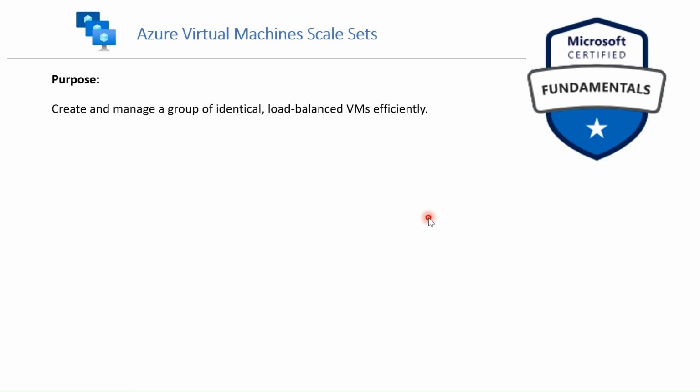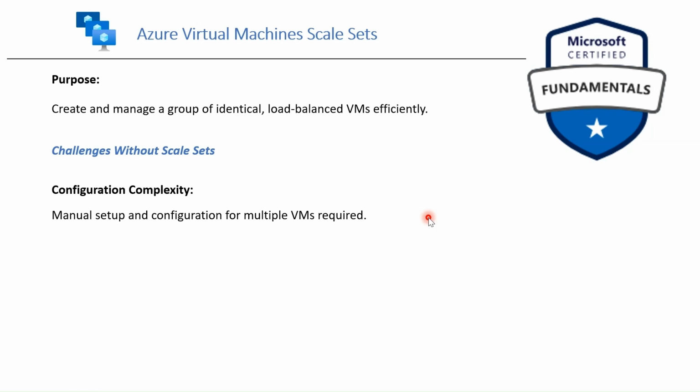Now, challenges without scale sets. What happens if, let's assume, there is no capability called scale set? There is configuration complexity: manual setup and configuration for multiple VMs required. So if you have to create 15 VMs of the same size, then you have to manually set them up and configure them, which would be very complex.